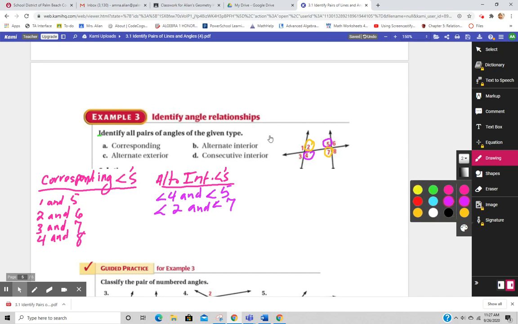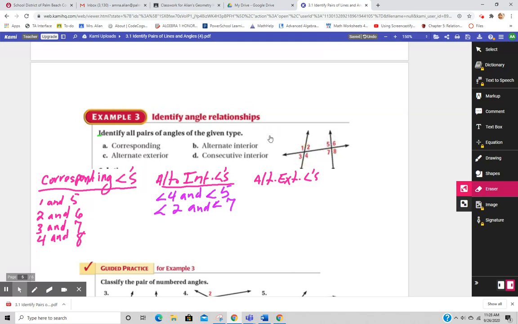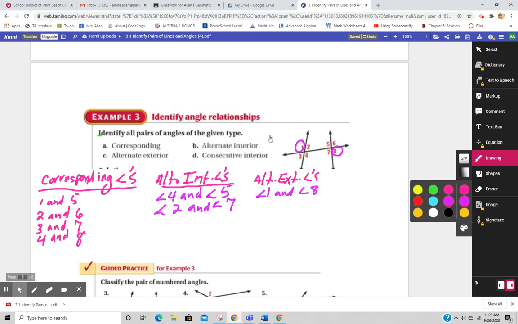That's it for alternate interior. Let's do alternate exterior: angle 1 and angle 8, and also angles 3 and 6.